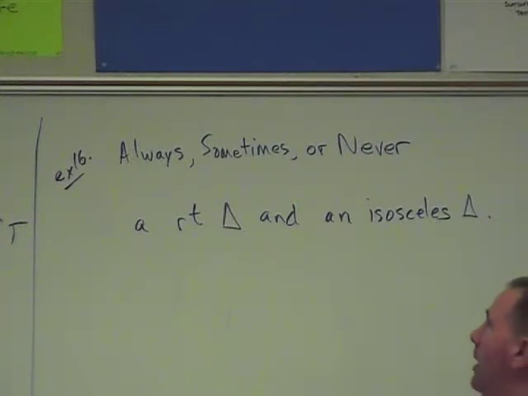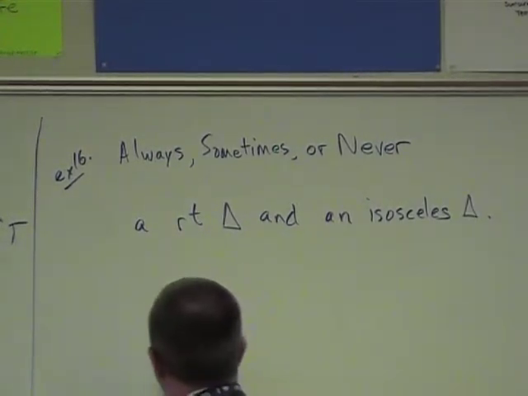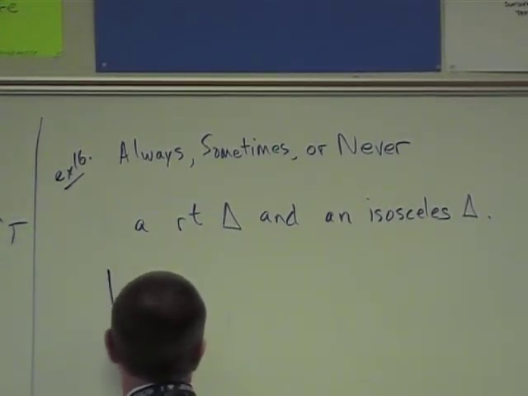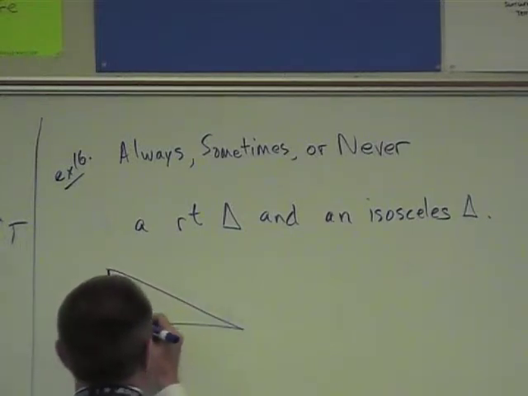That is true. What about sometimes? Yes. They can be sometimes, that means they can't be never. That is true. A right triangle can be an isosceles triangle. Anybody need a picture for that, or are you all good? Who needs a picture? Okay. Here is a right triangle that has 3 different lengths.